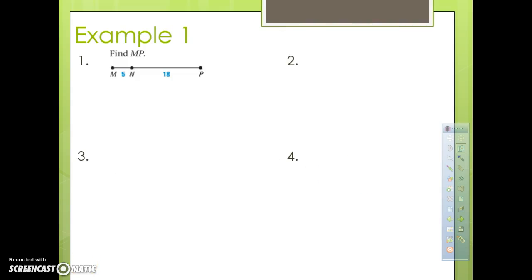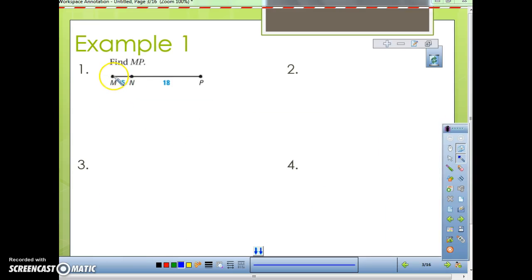And I'm going to write this out because when we use algebra, it's going to be helpful. From M to N is 5.